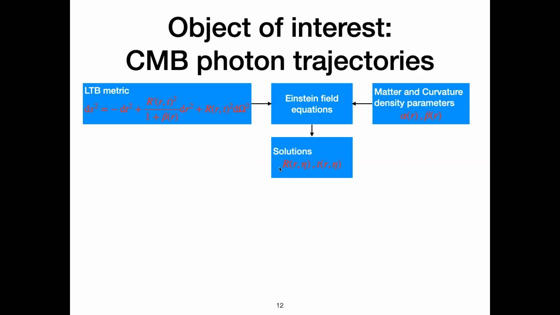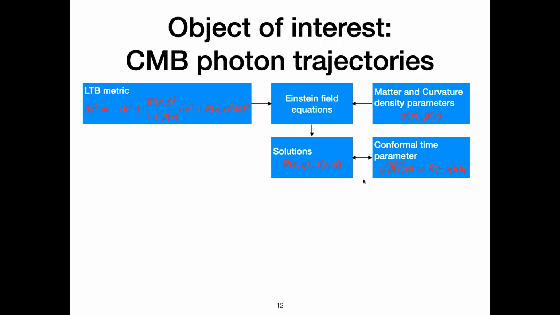These are parametric solutions. We find the solutions for the capital R as a function of small r and eta, and also the physical time t as a function of small r and eta, where eta is just a conformal time parameter. The equation, don't worry about it.